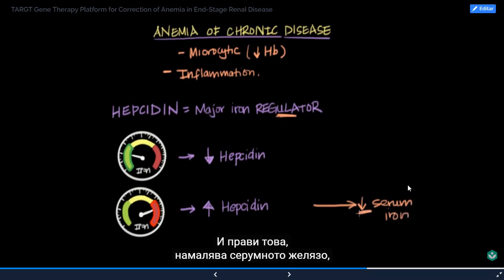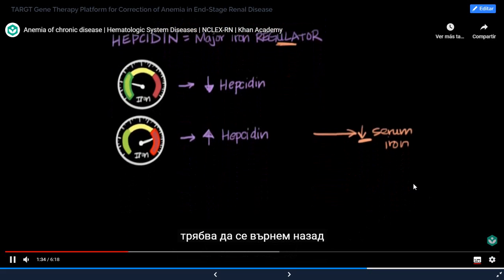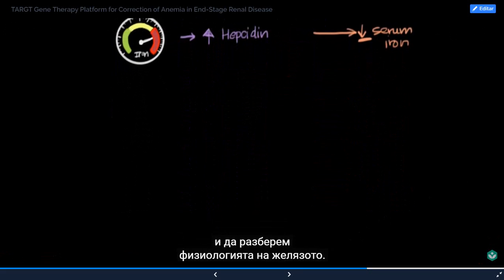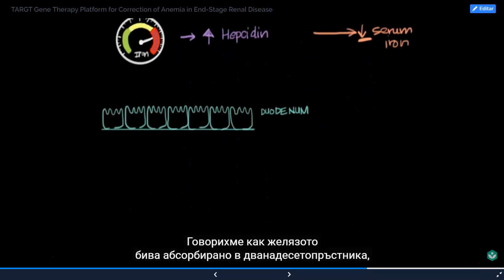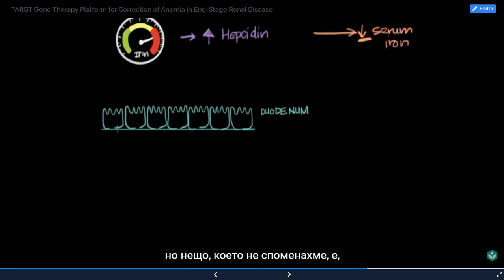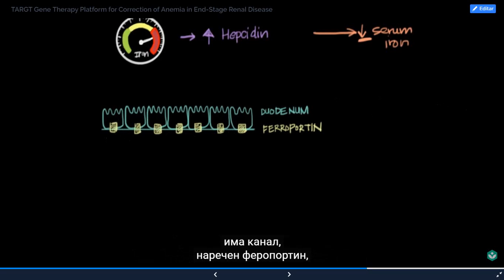It decreases serum iron in a couple of different ways. To understand how, we have to go back for a couple of seconds to understand iron physiology. We talked about how iron is absorbed in the duodenum, but something we didn't mention is that at the base of these cells in the duodenum is a channel called ferroportin.